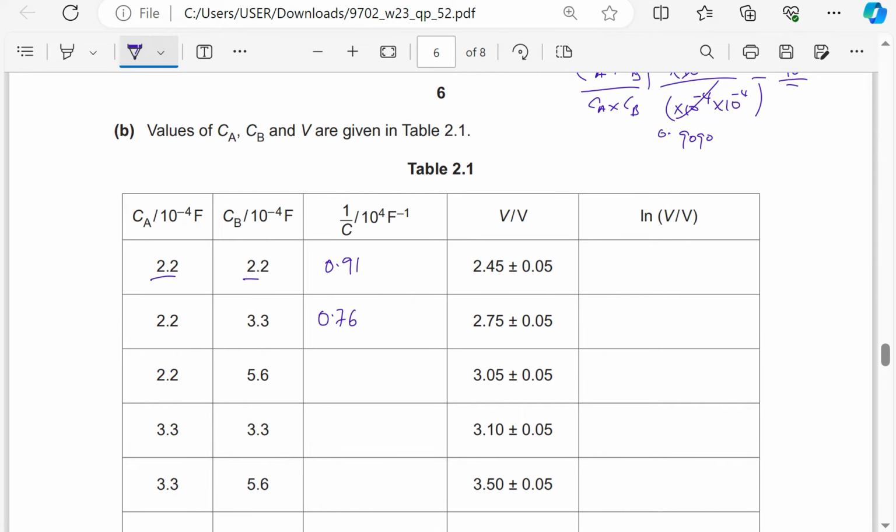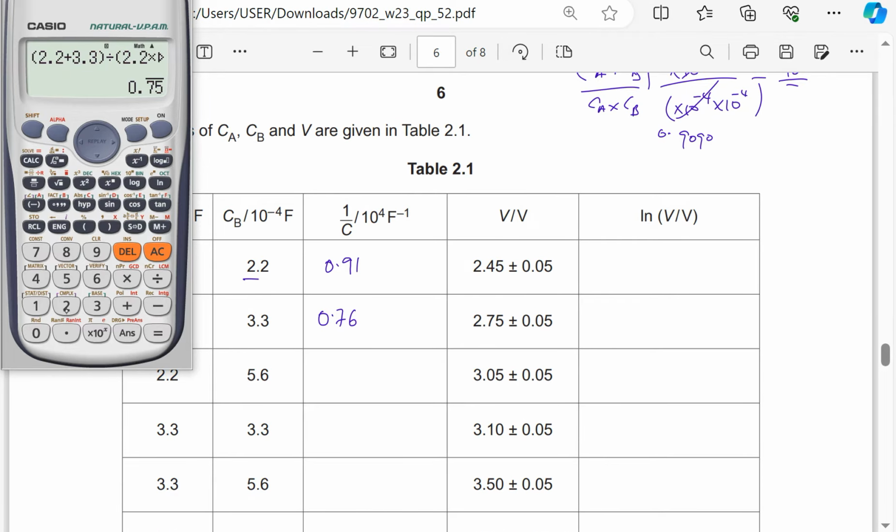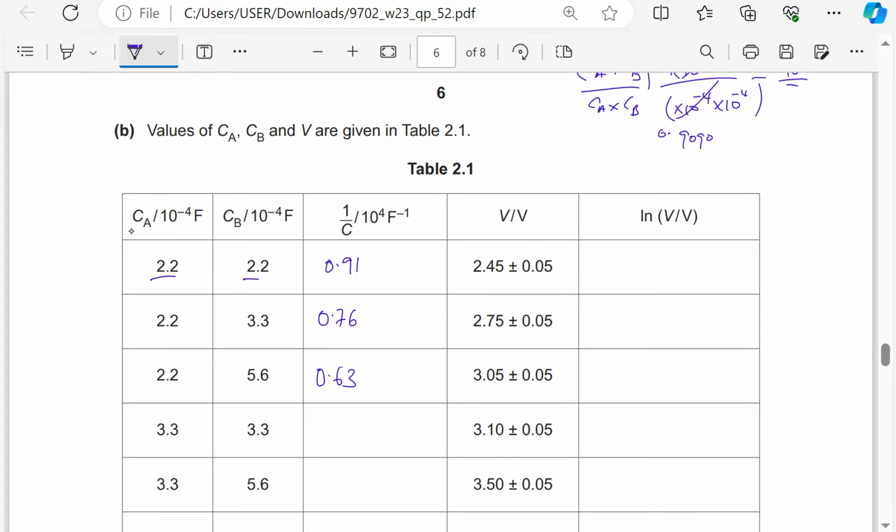Okay. The next one is 2.2 plus 5.6 divided by, open brackets, 2.2 times 5.6. So that is 0.63, so two significant figures will be 0.63.